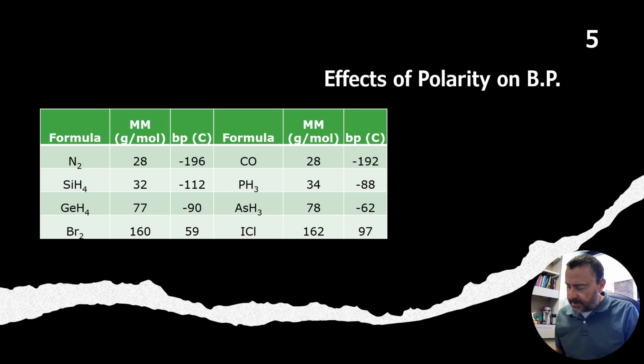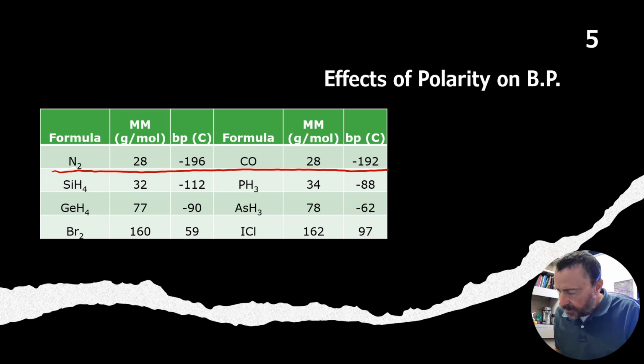Notice that they have basically the exact same molar masses, but there's a little bit of a difference in the boiling point. The carbon monoxide has a slightly higher boiling point. Not a big difference, but slightly higher.